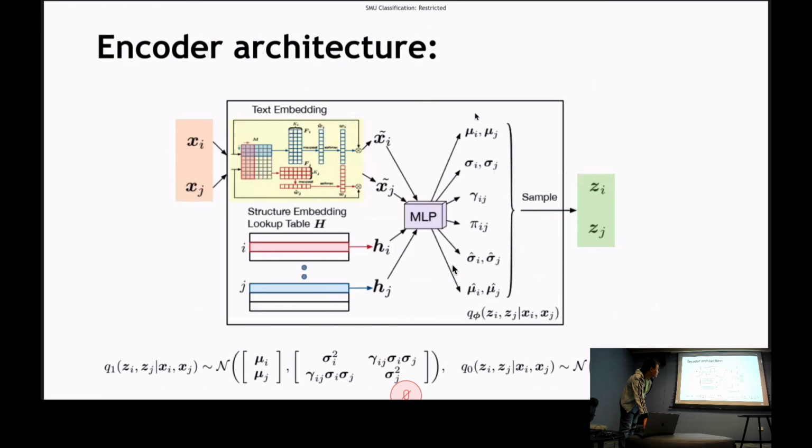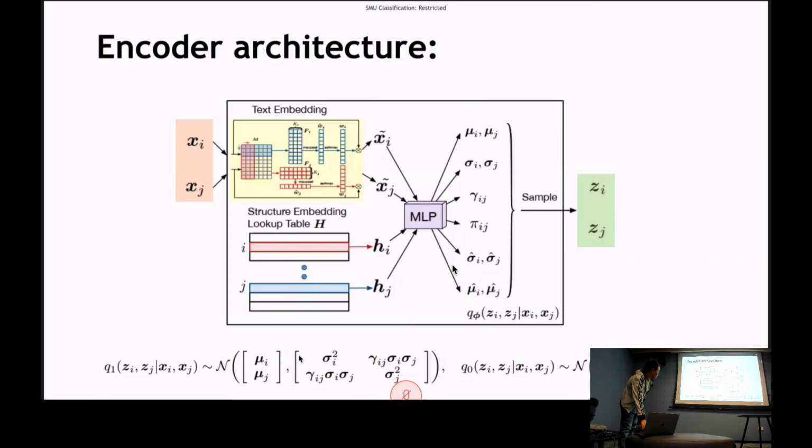Right here you can see mu and mu hat. So they use mu in case there is an edge between vertex i and vertex j, and they will use mu hat in case there is no link between vertex i and vertex j.